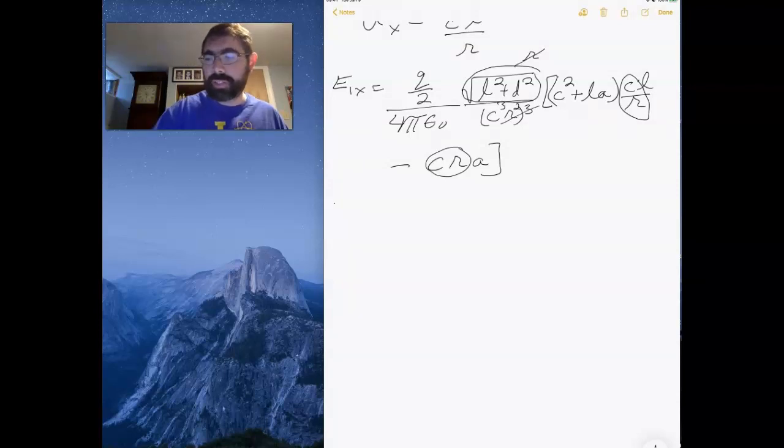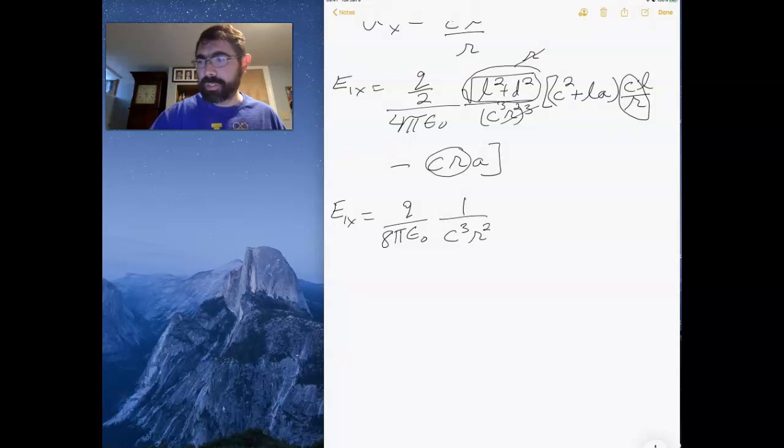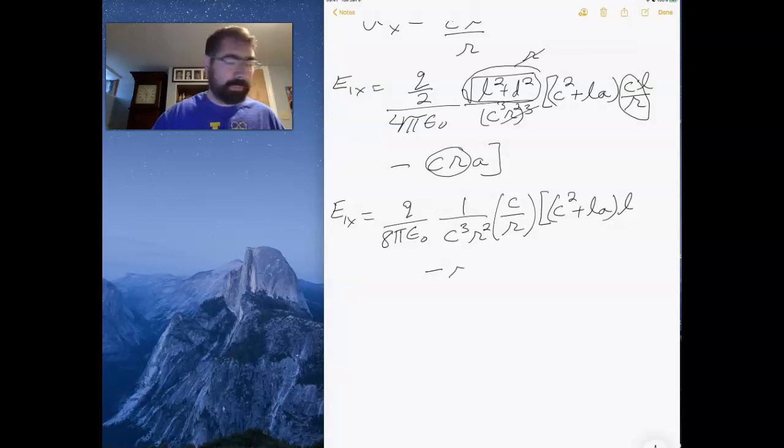So let's rewrite this now as Q over 8 pi epsilon naught, 1 over c cubed R squared, c over R, c squared plus LA, times L minus R squared A.